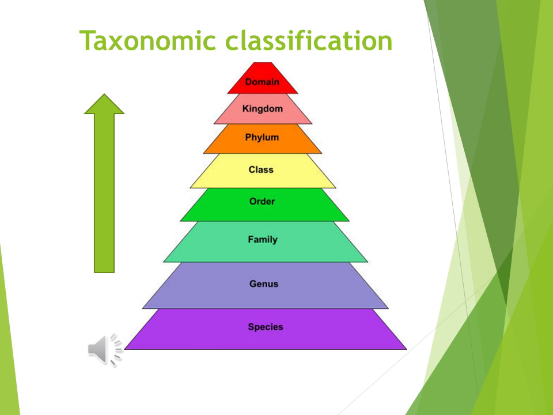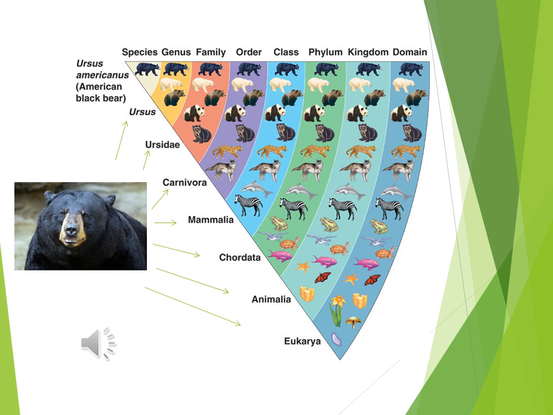Similar families are grouped into orders. Similar orders are grouped into classes. Similar classes are grouped into phyla. Similar phyla are grouped into kingdoms, and similar kingdoms are grouped into domains. There are three domains: bacteria, archaea, eukarya.